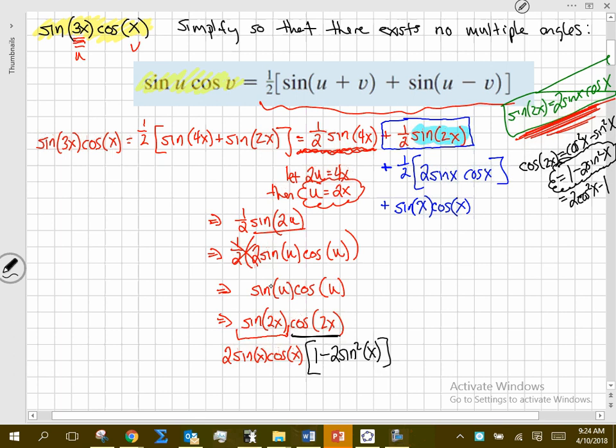All right, now, this is a singular term times a binomial, right? Let's distribute that through. 2 sine x cosine x when I multiply times the 1. And then when I multiply this times the 2 sine squared x, it becomes minus 4 sine squared x times sine x is sine cubed x, right? Times the cosine x.